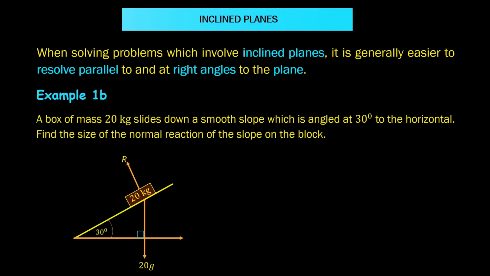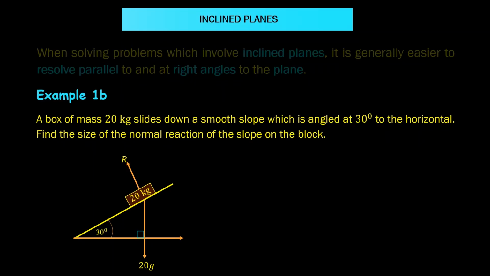Now that we have our diagram, we can have a go at part B. In part B, we are required to find the size of the normal reaction of the slope on the block. So let's solve this.